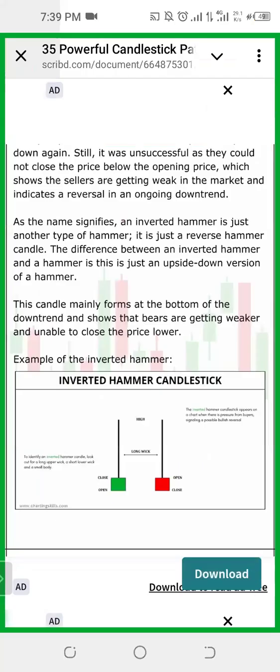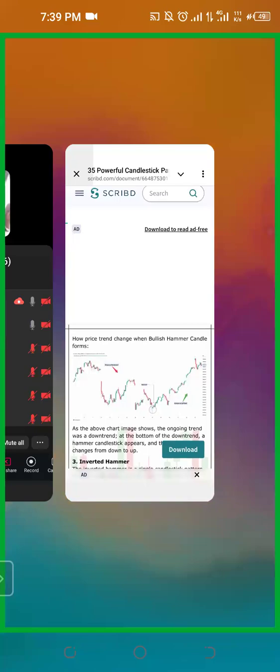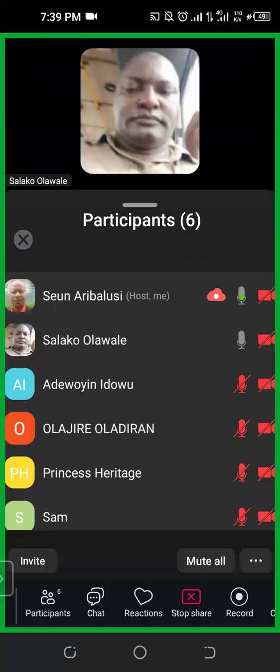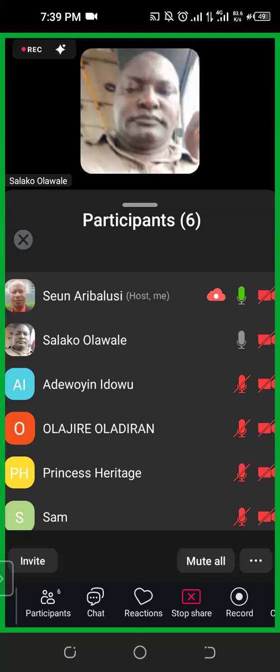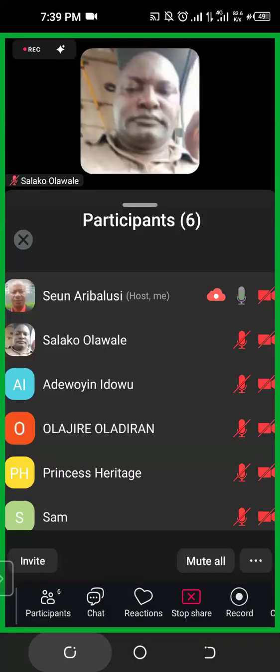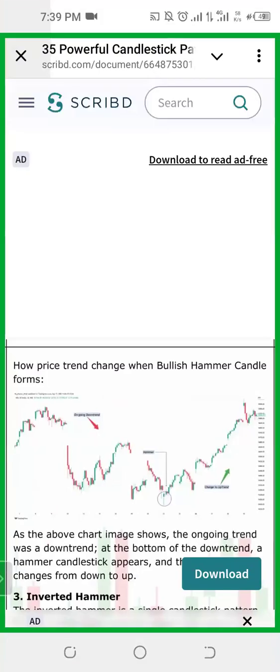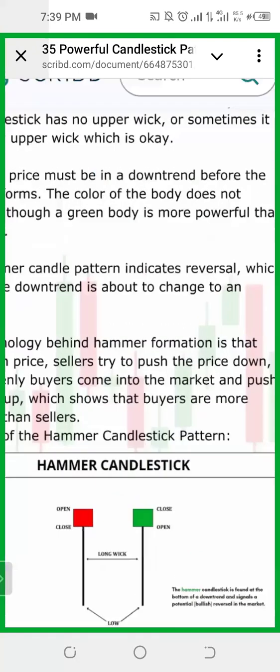So I was just saying that the inverted hammer is the opposite of the hammer candlestick. So let me go back. I said the hammer candlestick, this is the way the hammer candlestick is.